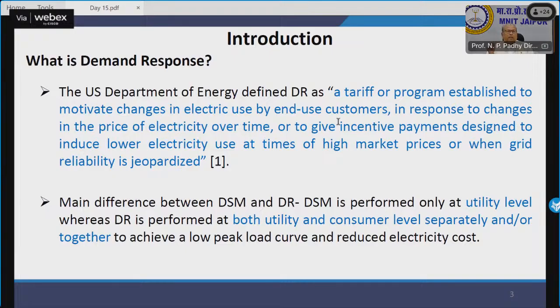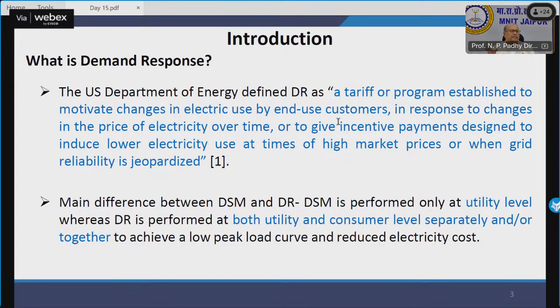Now, what is demand response in that case? In case of demand side management, we have already learned the definition. Let us understand what is DR, demand response. Demand response is a tariff or a program established to motivate changes in electric use by end user consumers in response to changes in the price of electricity over time.